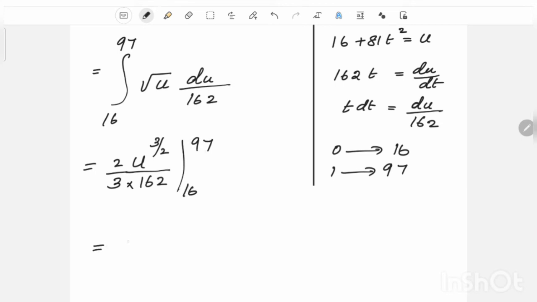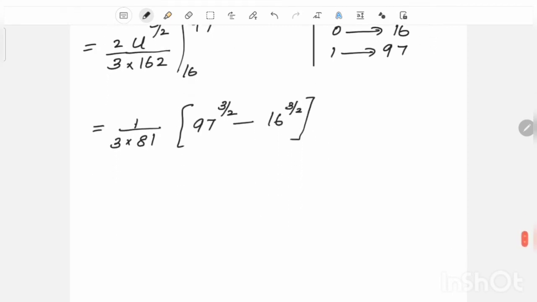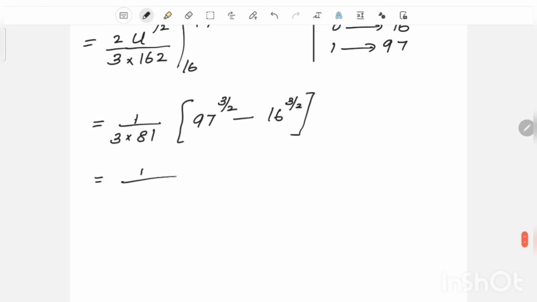That is equal to 1 by 81 times 3, 3 times 81, times (97 raised to 3 by 2 minus 16 raised to 3 by 2). And that is equal to 1 by 243 times (97 raised to 3 by 2 minus 64).